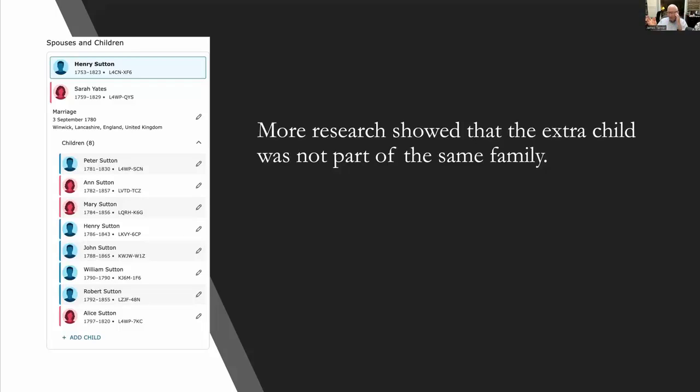I always have this standing offer to anyone to let me go through their pedigree with them, and in a matter of maybe a few minutes, I will find this kind of an error in a pedigree. It's not because the people that are maintaining the pedigree aren't competent or don't know what they're doing.